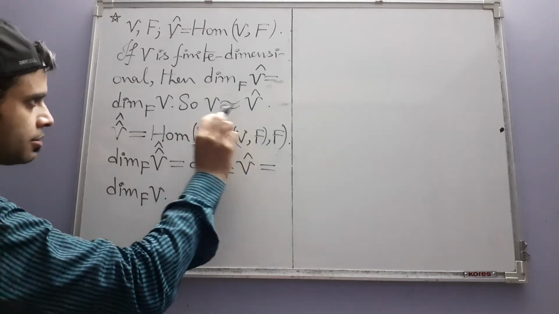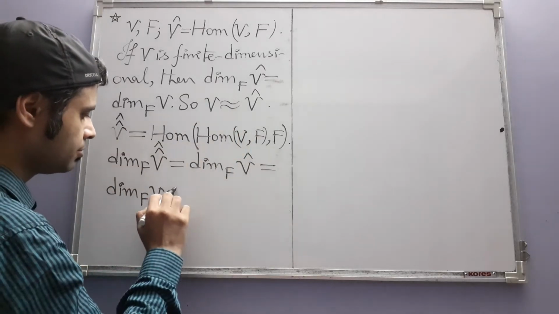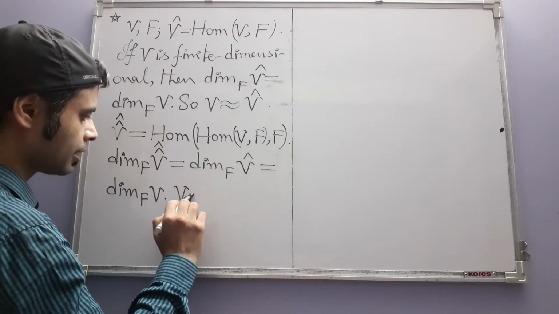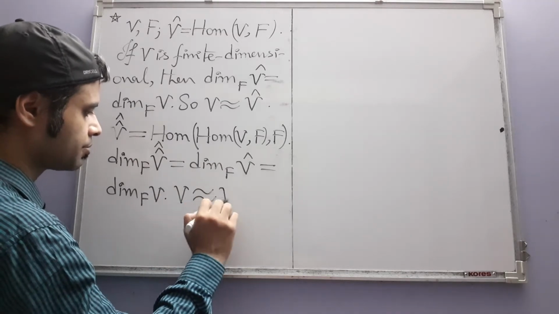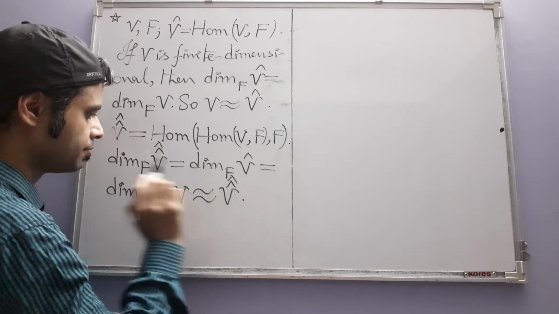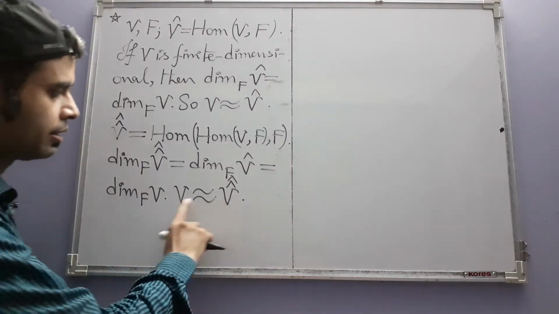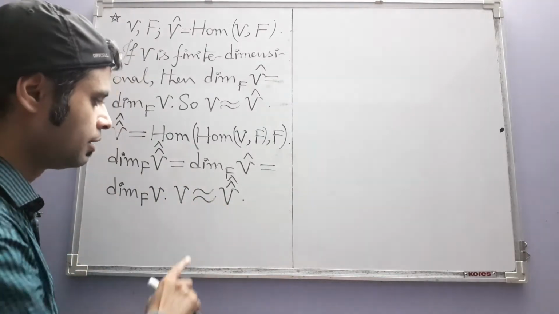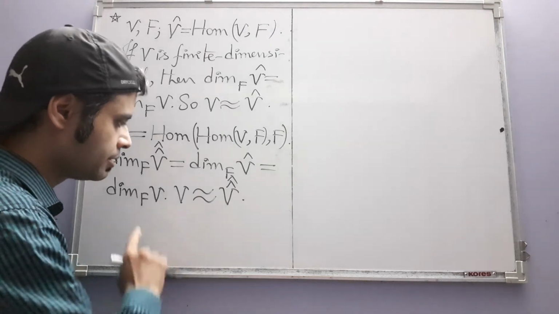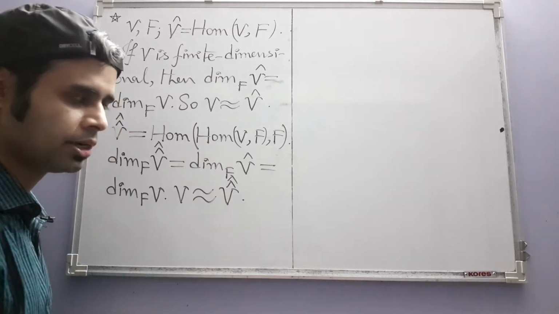So just like this isomorphism, we will have an isomorphism between the original space and the second dual. And here one natural isomorphism can be given, and that natural isomorphism is in fact an invariant one.